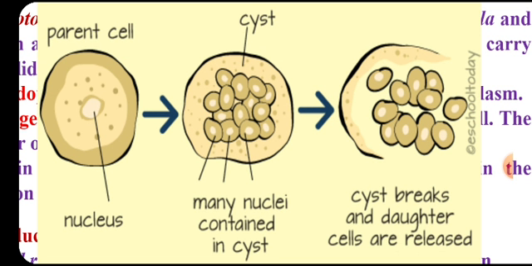These nuclei get further compartmented by means of the cell membrane. So separate cell membrane is formed, that leads to the formation of daughter cells.